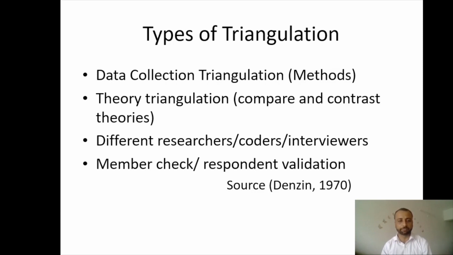The third kind that the slide talks about is theory triangulation, in which you compare and contrast theories also. If you are trying to understand one phenomenon and there are three theories that try to explain it, you compare the three different theories and see what kind of components you are able to observe through your qualitative analysis.